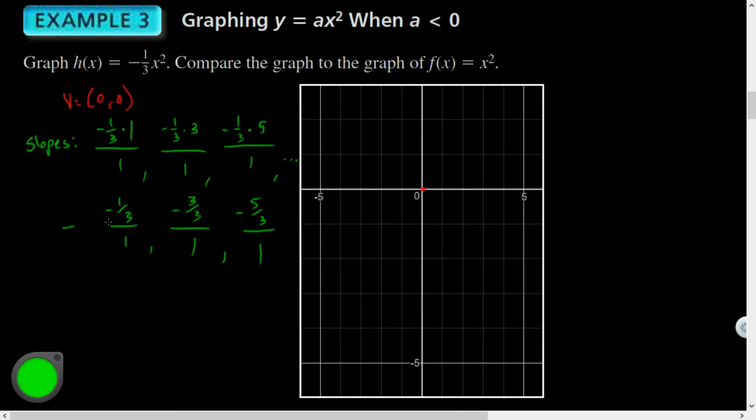Now, I'm intentionally keeping these in these weird fraction forms, because watch what I'm going to do. Now, my y scale here is counting by ones, right? 1, 2, 3, 4, 5. To go down 1/3 would be about there. I'm actually going to change my y scale. There we go.